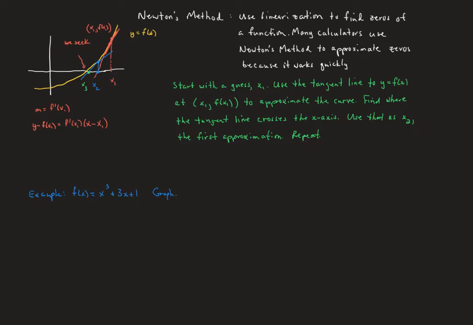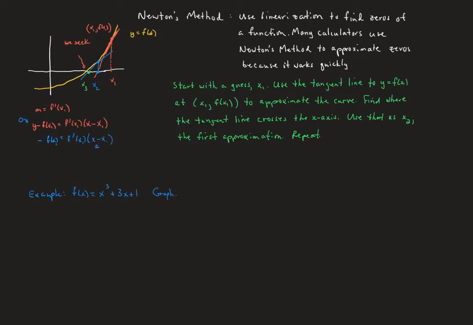Then when we want to find where this is going to cross the x-axis, we plug in 0 for the y. So we get 0 minus f of x sub 1 is equal to f prime of x sub 1 times x minus x sub 1.